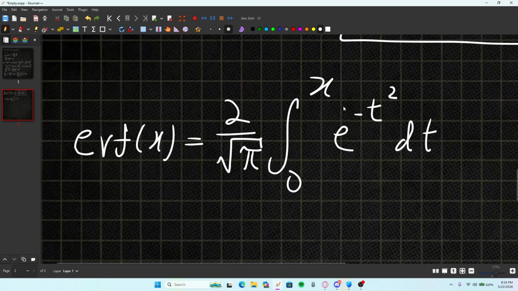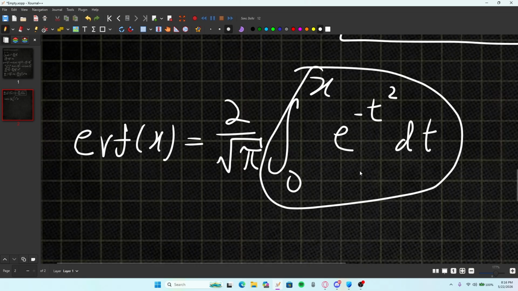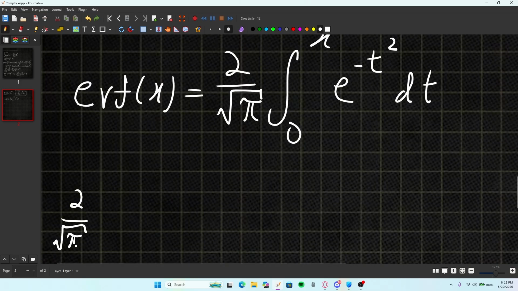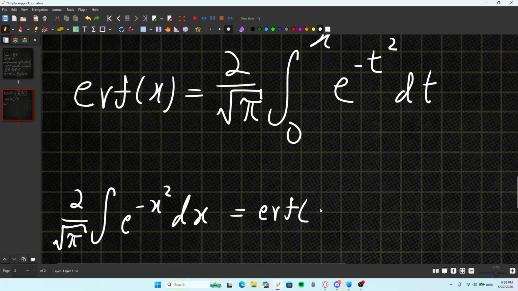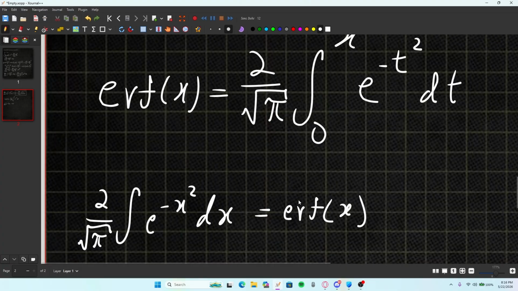Because e to the -t squared, if you think about it as a function of t, is a positive function, this whole thing is just the integral of e to the -x squared dx. 2 over root pi times the integral of e to the -x squared dx equals erf of x.